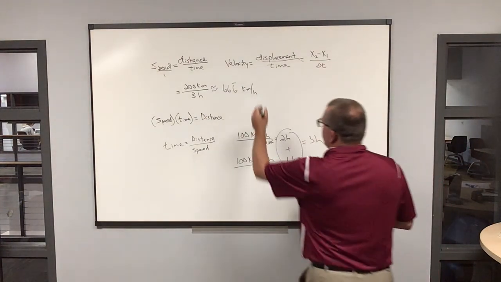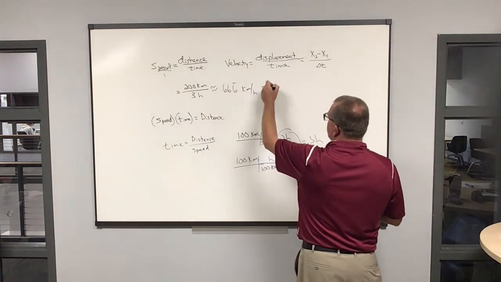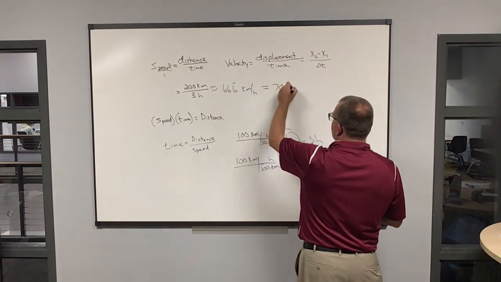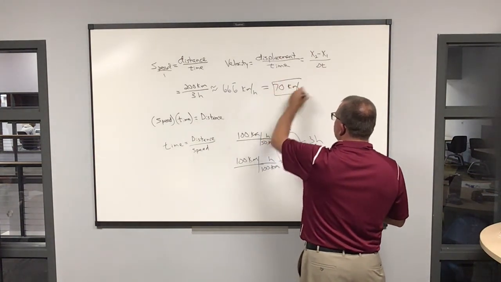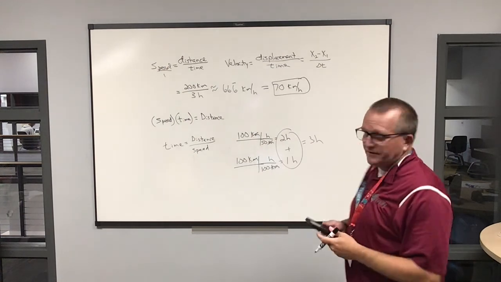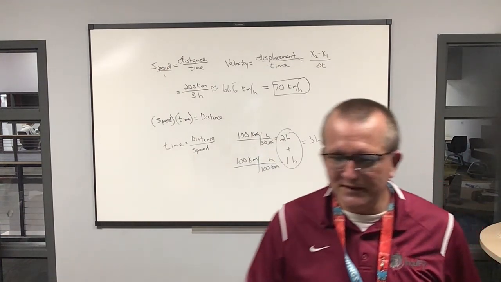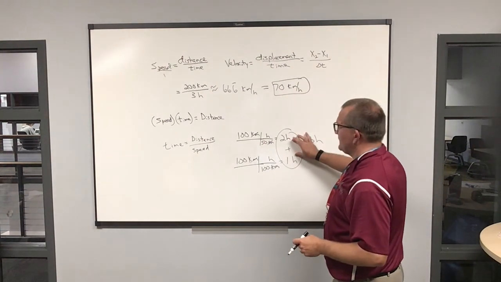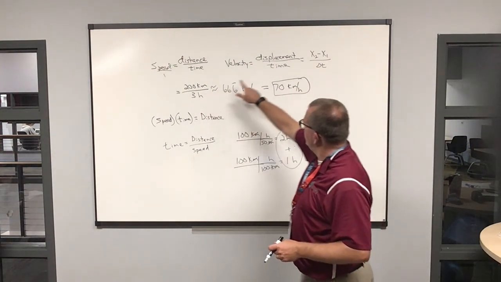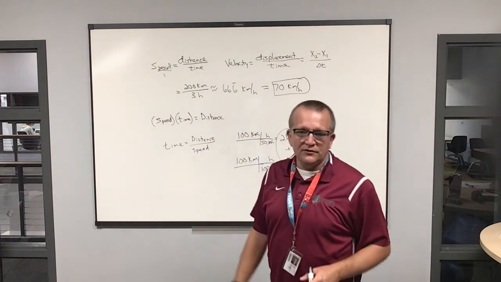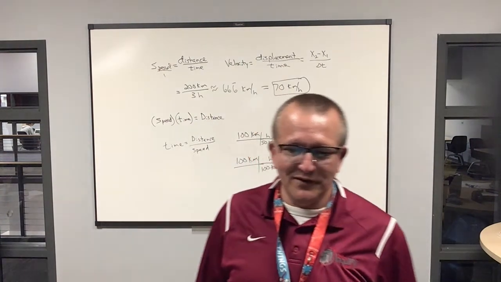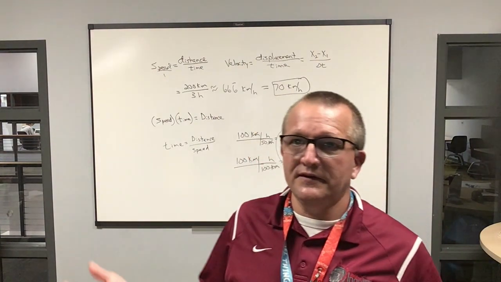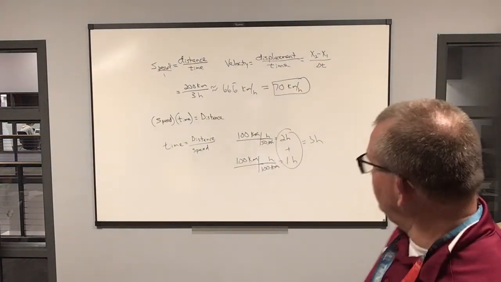It's kind of weird that we only have one sig fig here, so essentially this answer is going to be 70 kilometers per hour rounded to one sig fig. But that's how we find that. So if we have our speed changing and staying constant, we have to find time. Then we've got to put it back in to find our average speed. You can't just take 100 plus 50 to get 150, divided by 2, and get 75. That would not be correct.